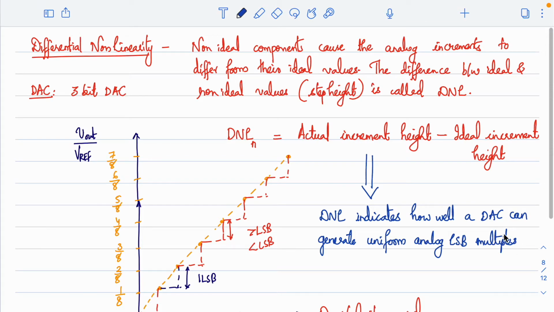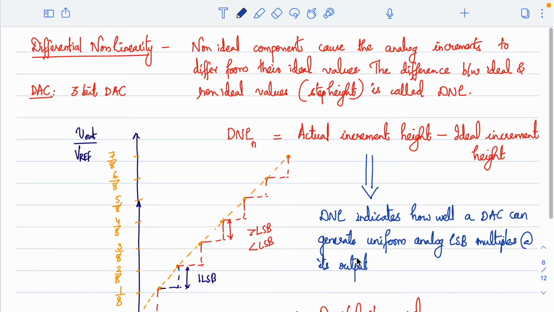So the output can be 1 LSB, 2 LSB, and so on, because starting from the first, it will keep on increasing. So DNL is a measure of how accurately a DAC can generate multiples of 1 LSB at the output.